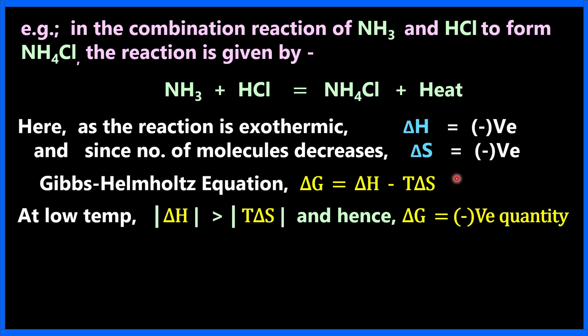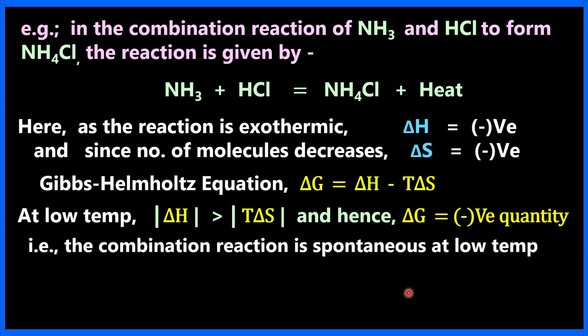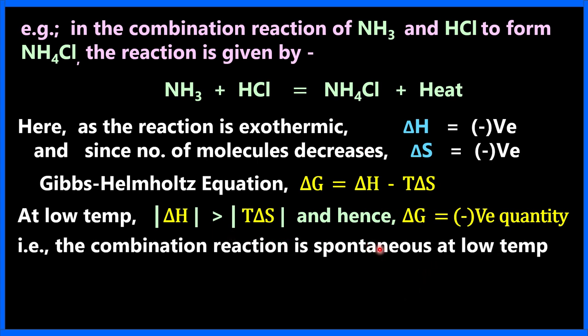Now here both delta H and delta S are negative. Therefore, using this relation, we can say that at a low temperature, delta G should be a negative quantity. Therefore, at a low temperature, the combination reaction will be spontaneous.